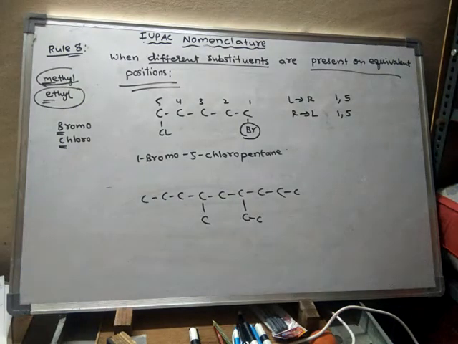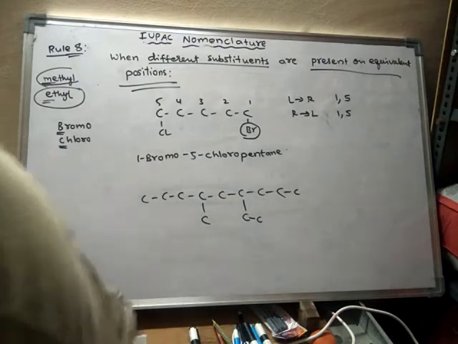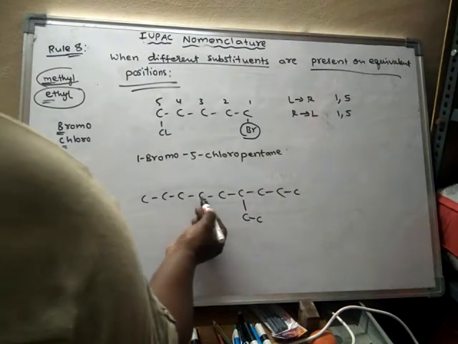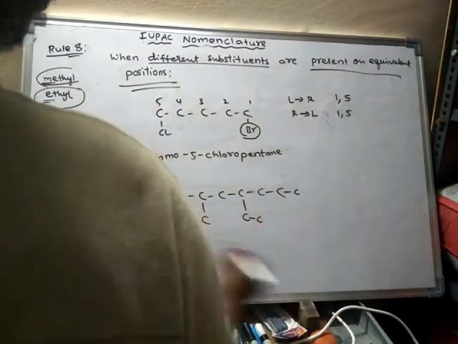Now, what is the name of this compound and how should the numbering be done? 1, 2, 3, 4, 5, 6, 7, 8, 9.